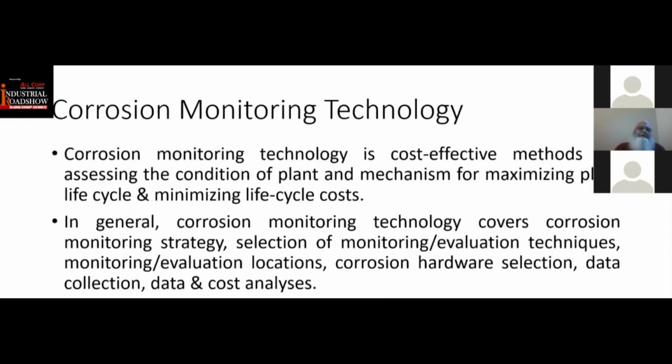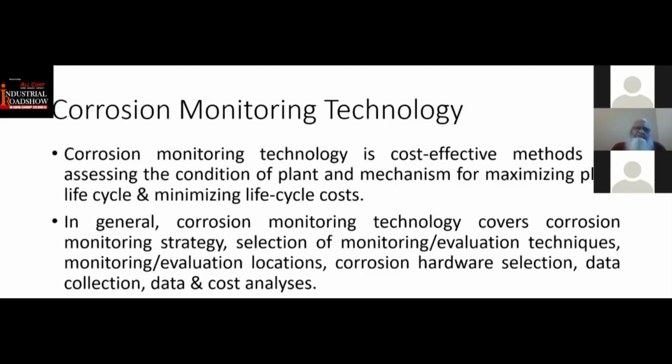The next slide talks about what corrosion monitoring technology is, because there is very much confusion regarding all these technical terms. Corrosion monitoring technology is a cost-effective method for assessing the condition of a plant and a mechanism for maximizing plant life cycle and minimizing life cycle cost.